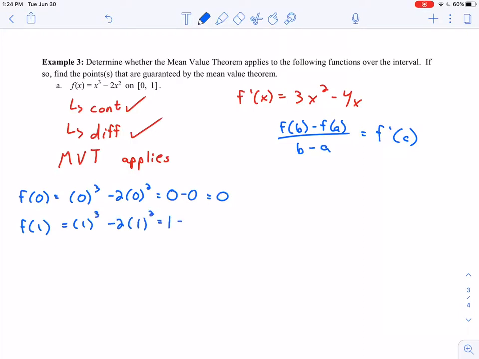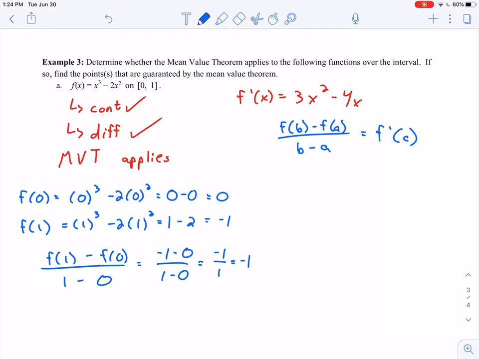So this will be 1 minus 2, gives me negative 1. If I want to find the average rate of change, f of 1 minus f of 0 all over 1 minus 0, that's negative 1 minus 0 over 1 minus 0. I'll have negative 1 over positive 1, or negative 1.